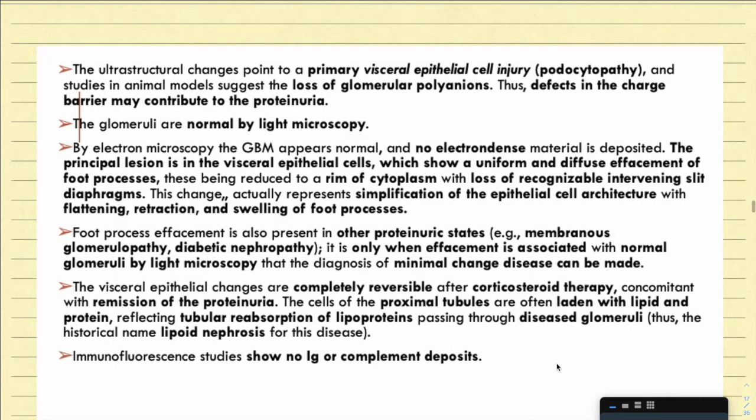The ultrastructural changes point to a primary visceral epithelial injury, called podocytopathy. Very importantly, there is a loss of glomerular polyanions, that is, the negative charge is lost. Thus defects in the charge barrier may contribute to the proteinuria.